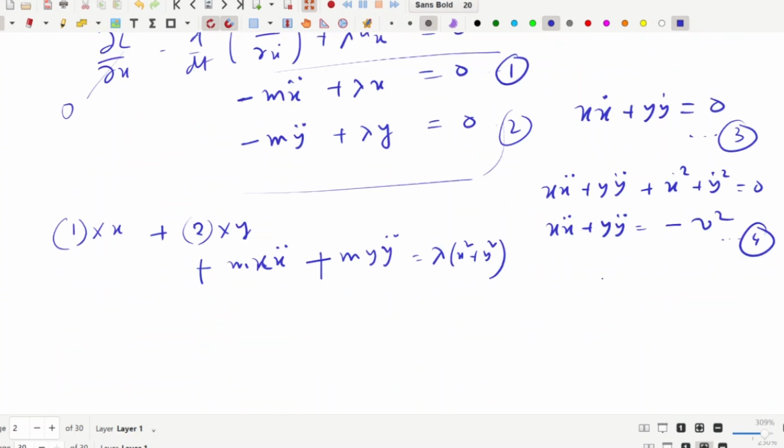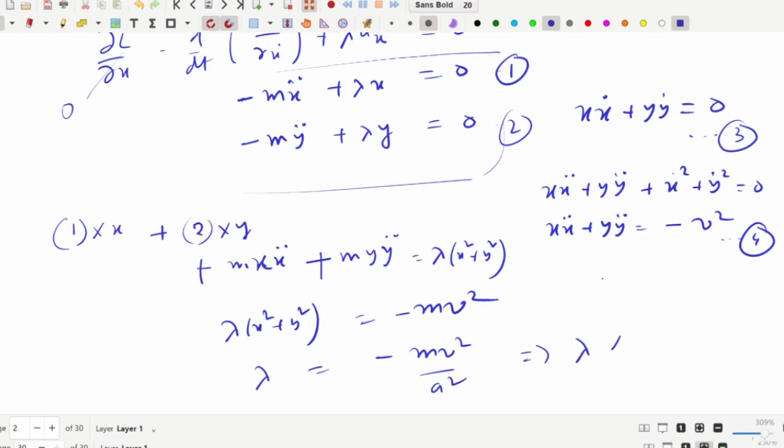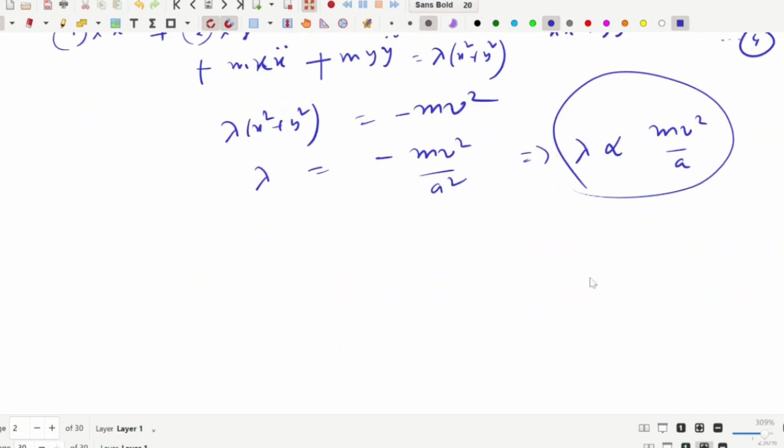Now I use equation 4 for x ẍ + y ÿ. So, I can find λ(x² + y²) is nothing but m v². But x² + y² is a², so λ is equal to m v²/a², which implies lambda is proportional to m v² by a, which is nothing but the centripetal force exerted on the particle. So, this was the point I wanted to convey in the last lecture, but I was in a hurry.